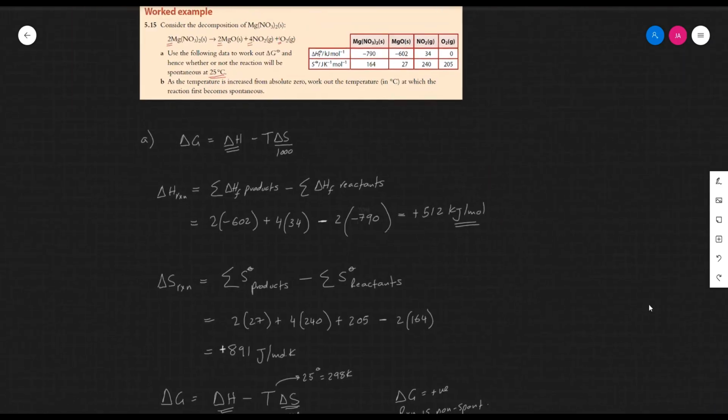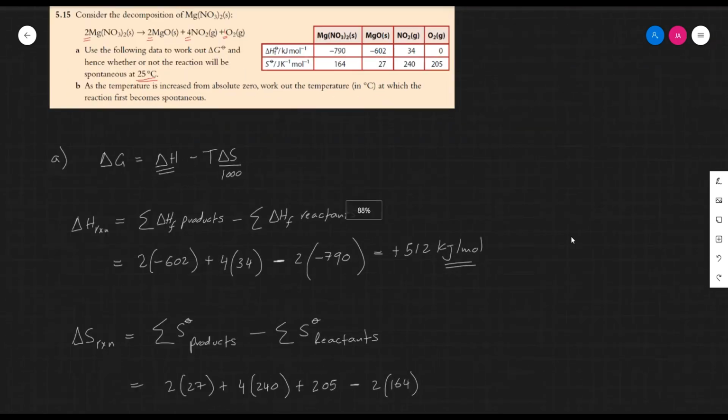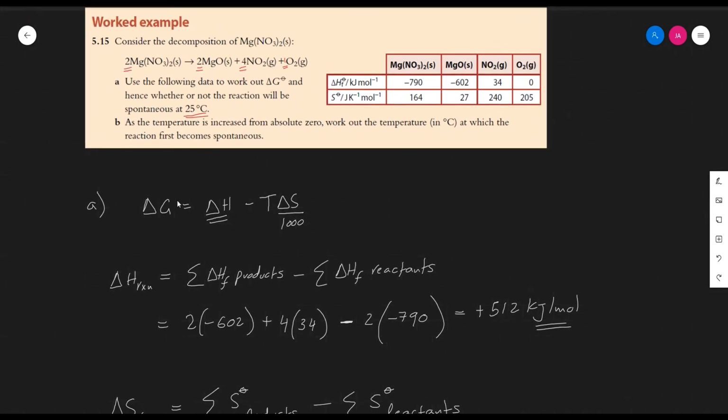You will be asked to determine the spontaneity of a chemical reaction using the Gibbs free energy change equation, and thus you should be able to calculate the enthalpy change of the reaction as well as its entropy change and substitute them into this equation using the correct units as well as using the temperature stated in the question.